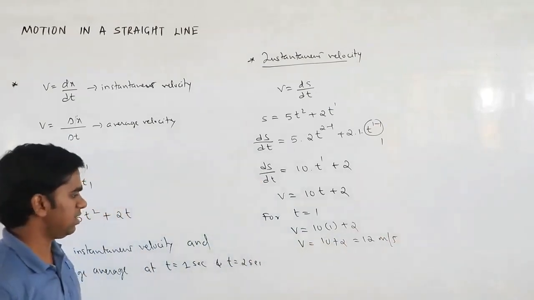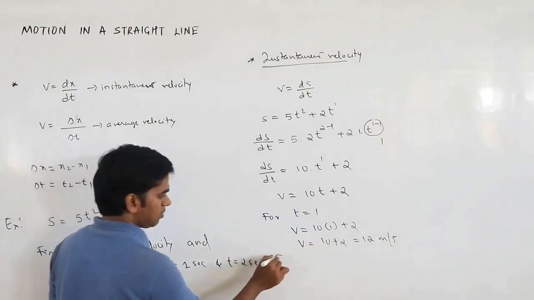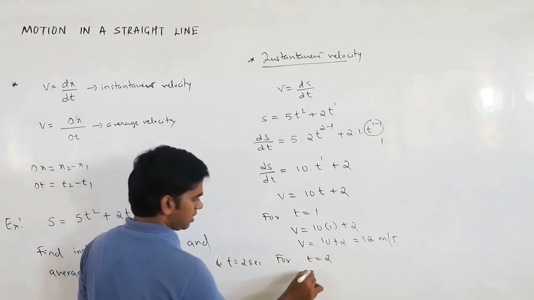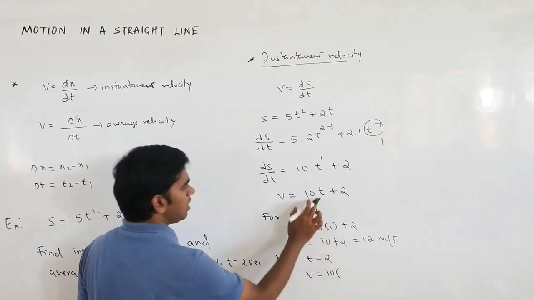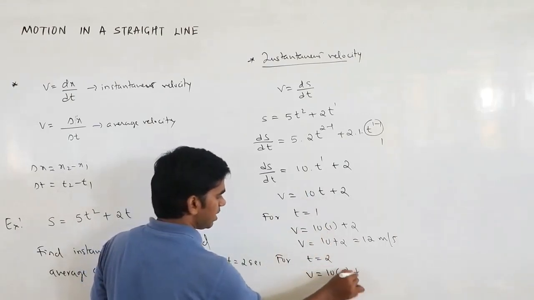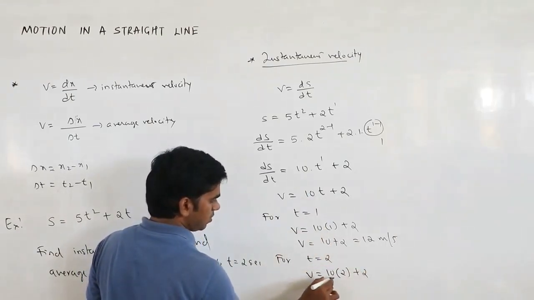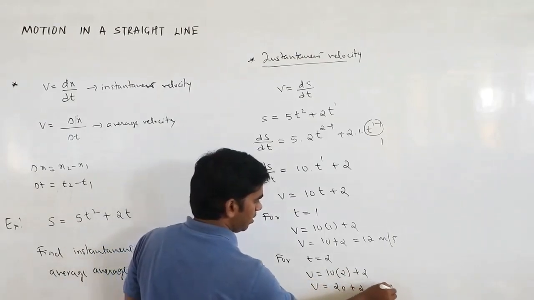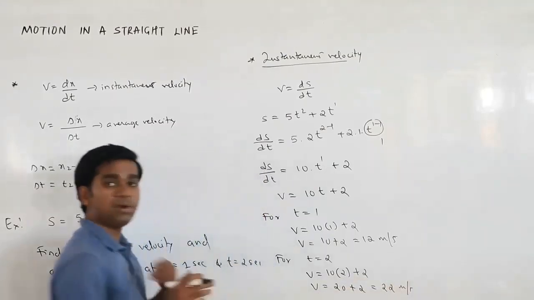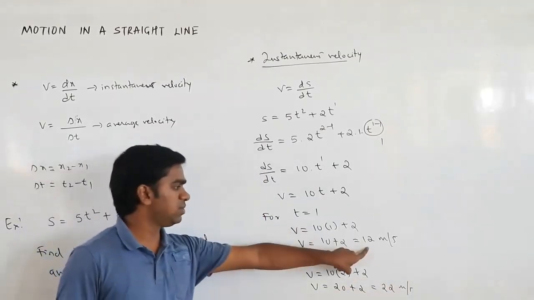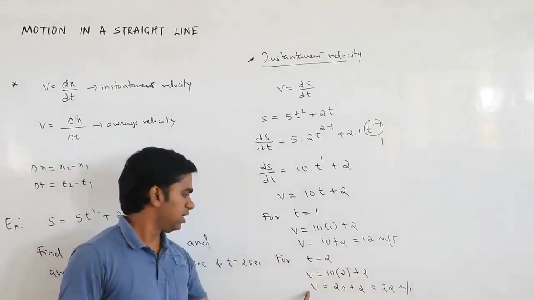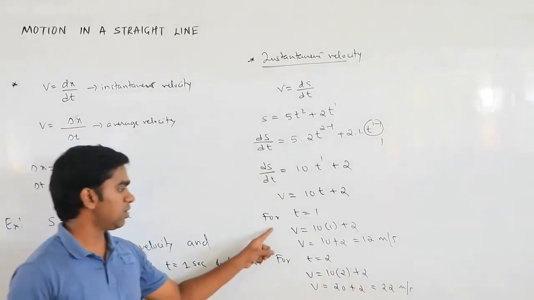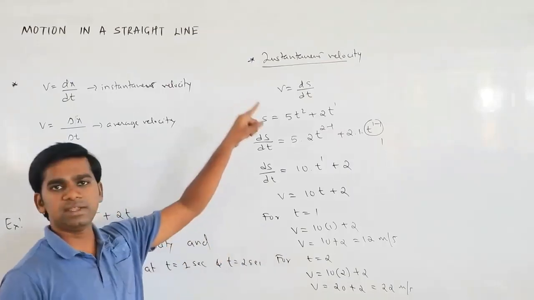For t equals 2 seconds, velocity equals 10 into 2 plus 2, that is 22 meter per second. Velocity increased: in the first second it was 12 meter per second, in the second it became 22 meter per second. These two are instantaneous velocities.